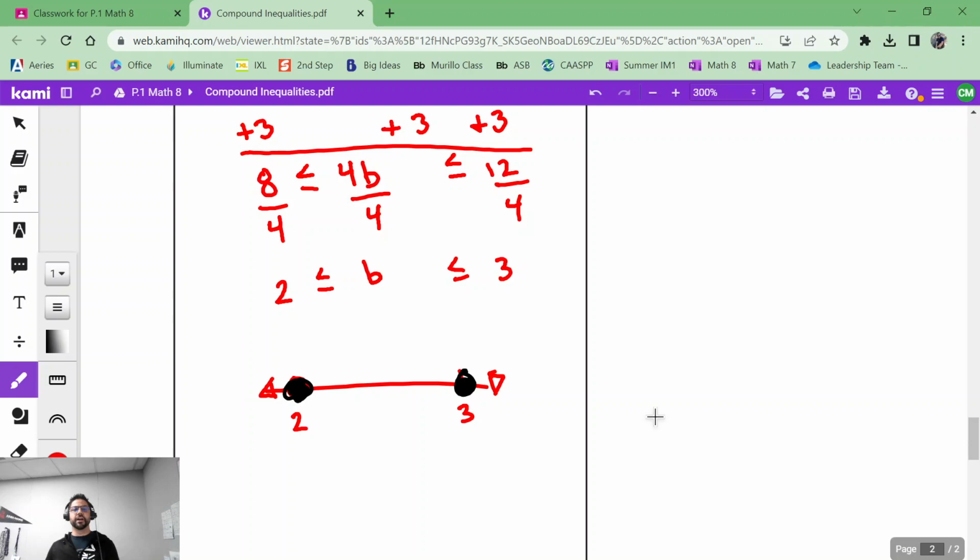And then our shading, since b is in between, the variable's in between, we're definitely going to shade in between. You can go in and connect it with a highlighter, a second color, or shade it a little bit darker with your pencil. So a solution to this compound inequality can include 2, 3, or anything in between the two. So fractions, decimals, roots, any type of real number between 2 and 3.